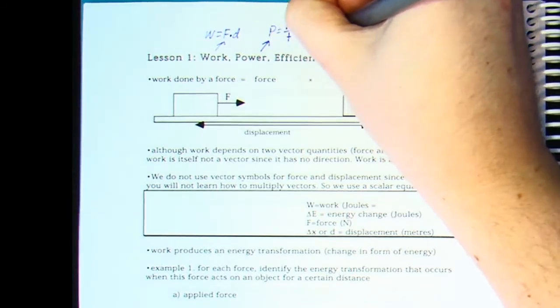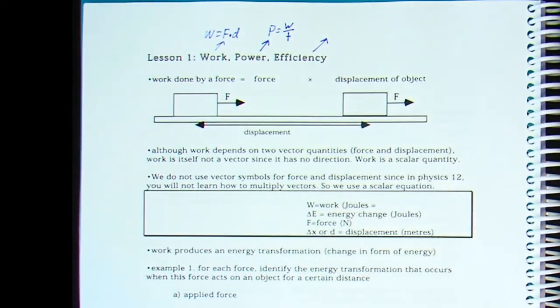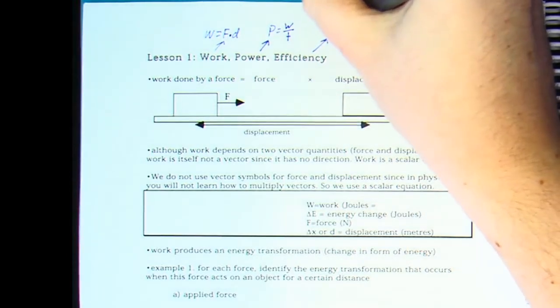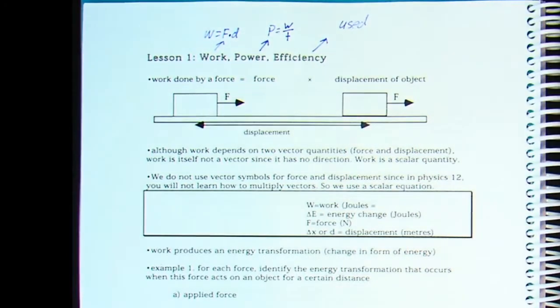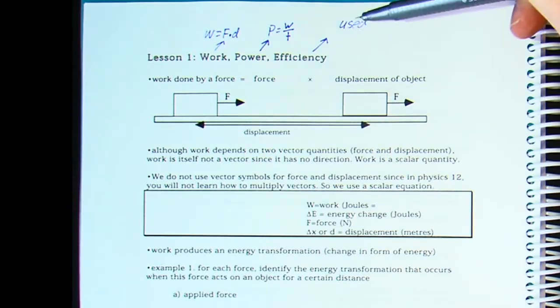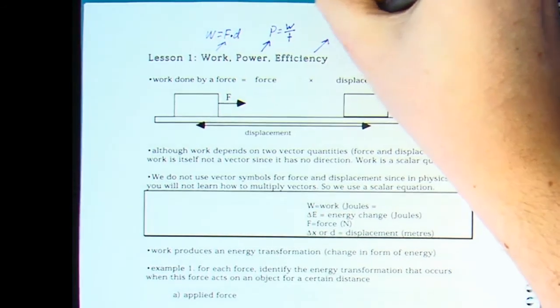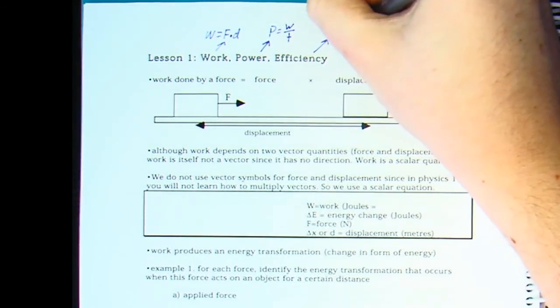And how efficiently you do something, or this idea of efficiency, is how much. Well, in this particular case, we're going to talk about efficiency as it's related to power or energy. So, in the context of power, efficiency is how much you've used divided by how much was made available.